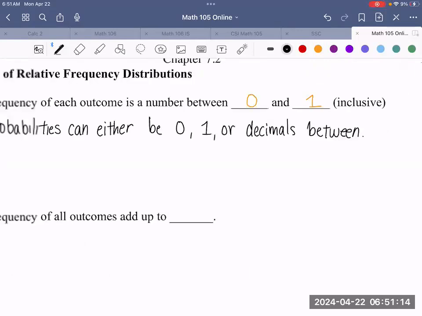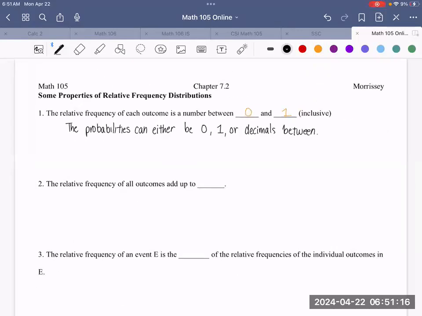So there should be something that alerts you that if you have a negative, or a number over 1, there is certainly something wrong. You have to be 0, 1, or a small number in between.